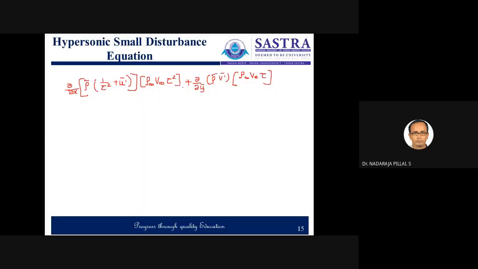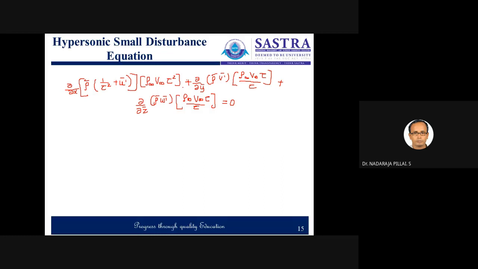So finally we can cancel that τ. So here it will become τ plus ∂/∂z̄ of ρ̄ w̄' into ρ∞ v∞ τ by τ, that is equal to 0.